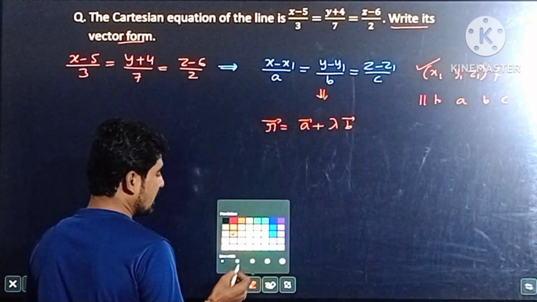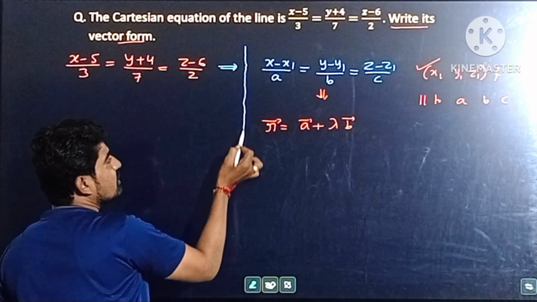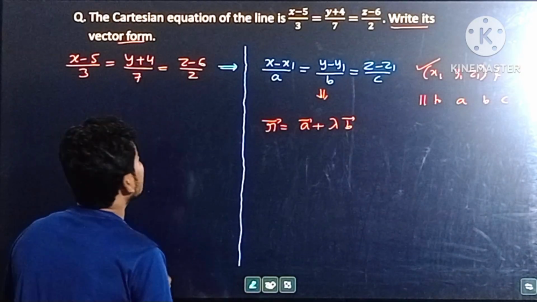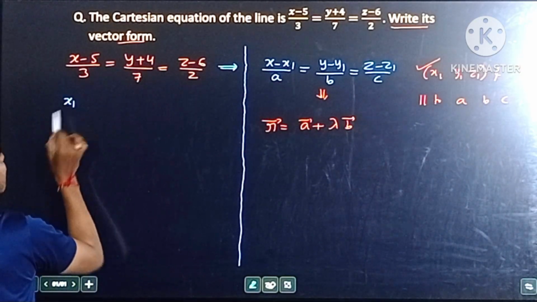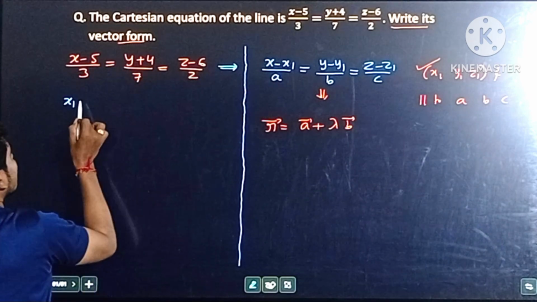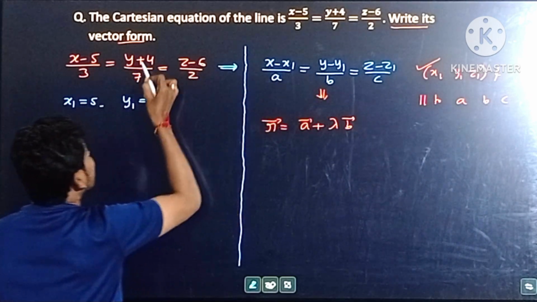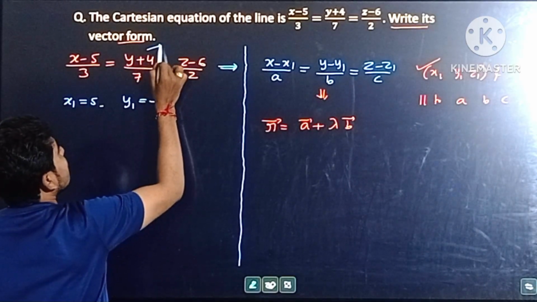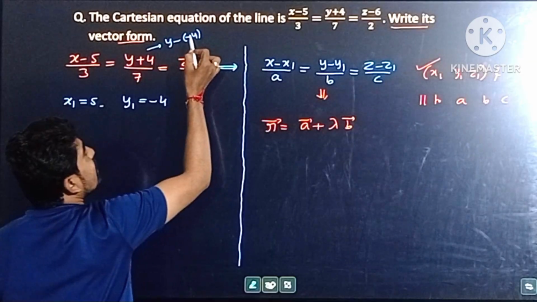So, to write its vector equation, first we need the a vector and b vector from the given line. On comparing these two, the value of x1 is 5 and the value of y1 is minus 4. This can be written as y minus of minus 4. Therefore, in place of y1 we have minus 4.